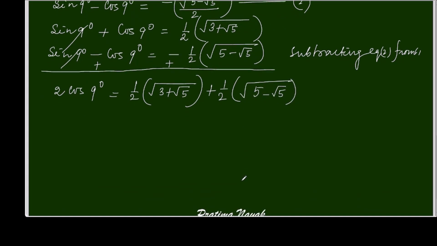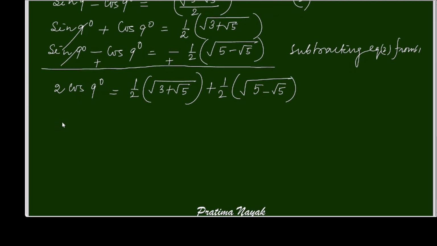So what about the cos 9°? 2 will be divided. So cos 9° equals 1/4 of √(3 + √5) plus √(5 − √5).